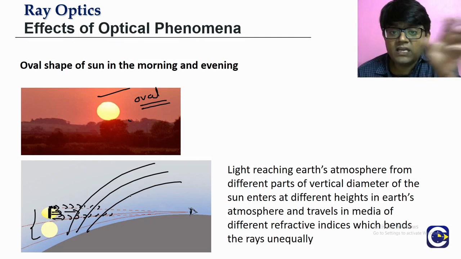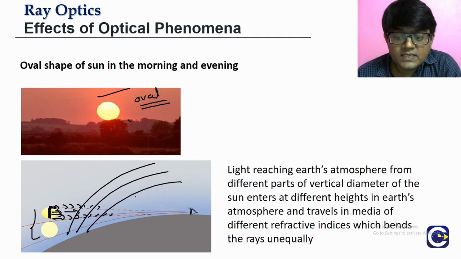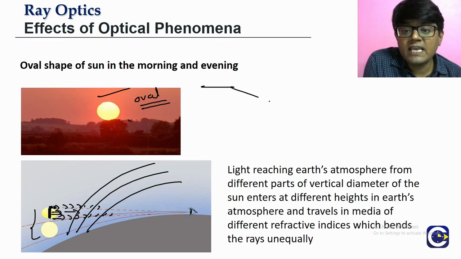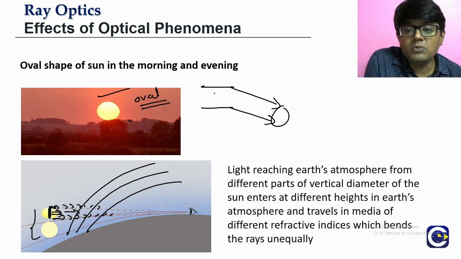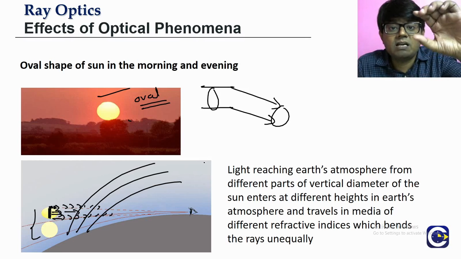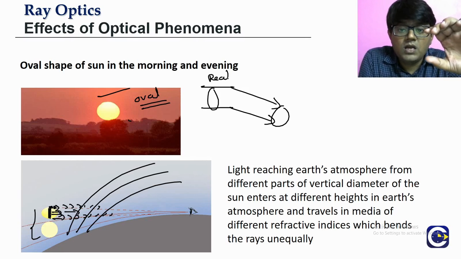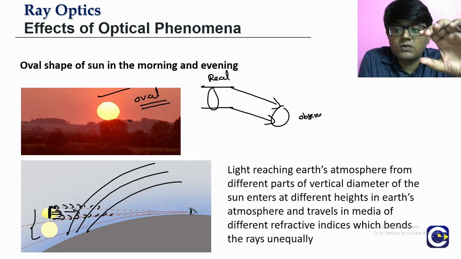So when they enter at different positions, their refraction will have a different course. All of them will not have the same course of refraction. Imagine if all of them had the same course of refraction, then we would see that the vertical diameter value remains the same. What is the real value and what is the observed value?